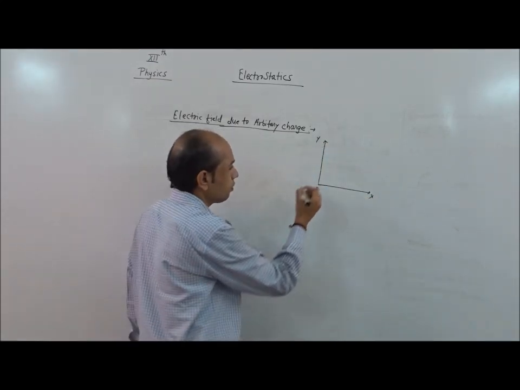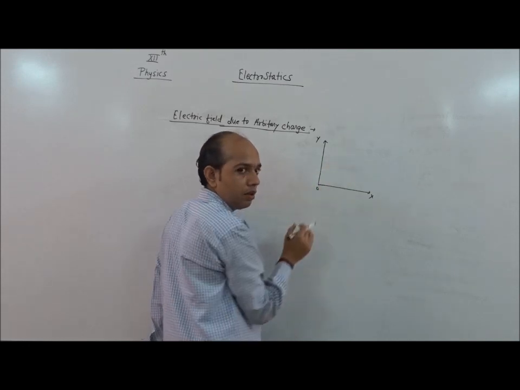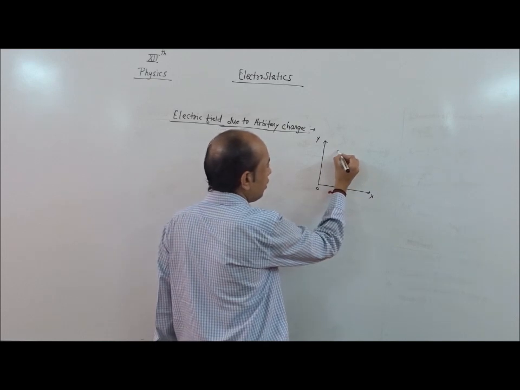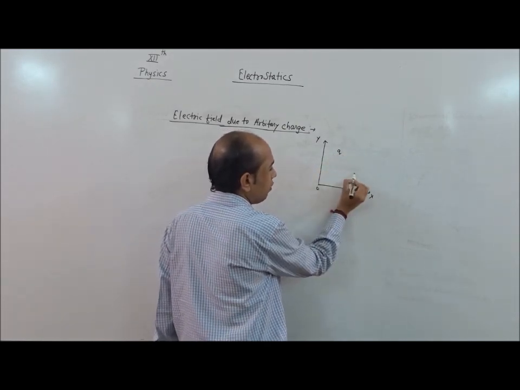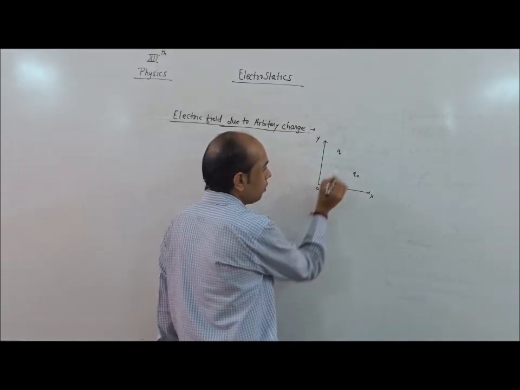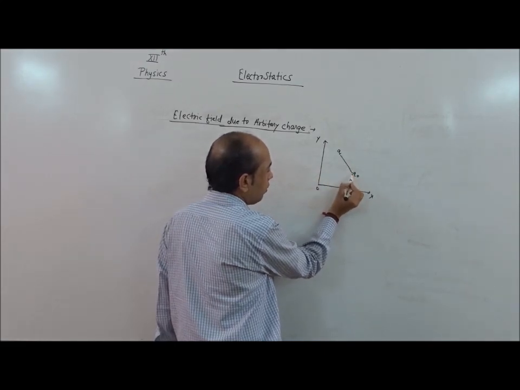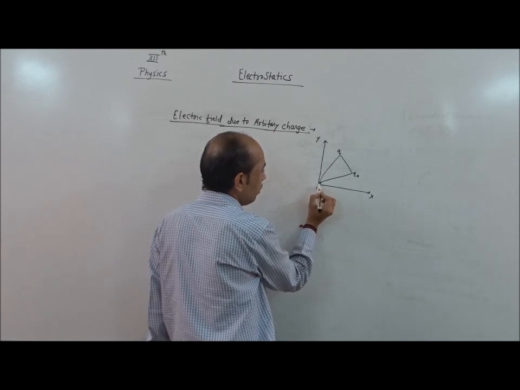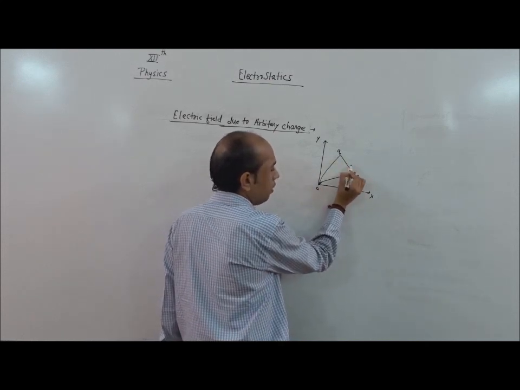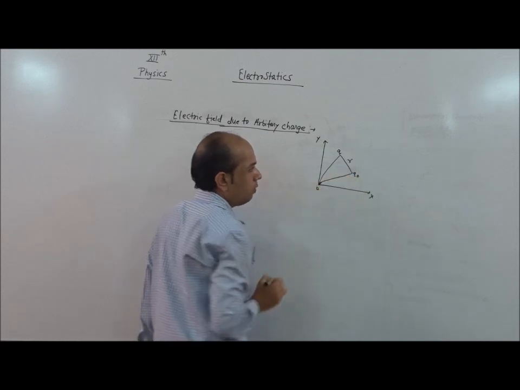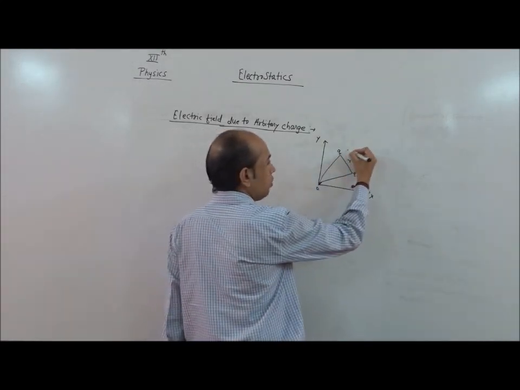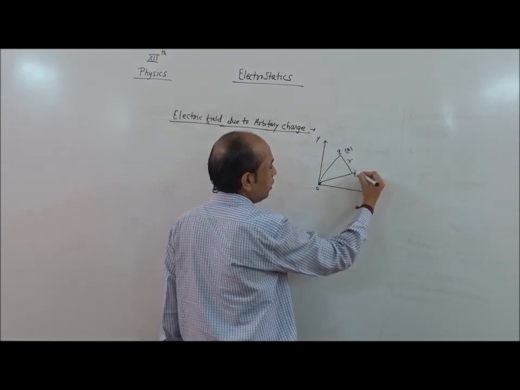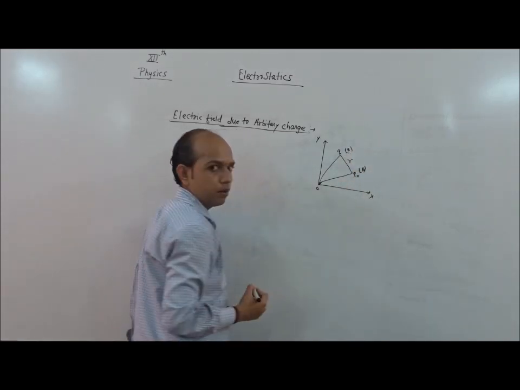As we know, in order to calculate the force we require two charges. So first we take a charge q, and another one is taken as charge q naught. Again we join it with respect to the origin, and the distance between the two charges is taken as r. One point is considered A, and the second point is considered B.